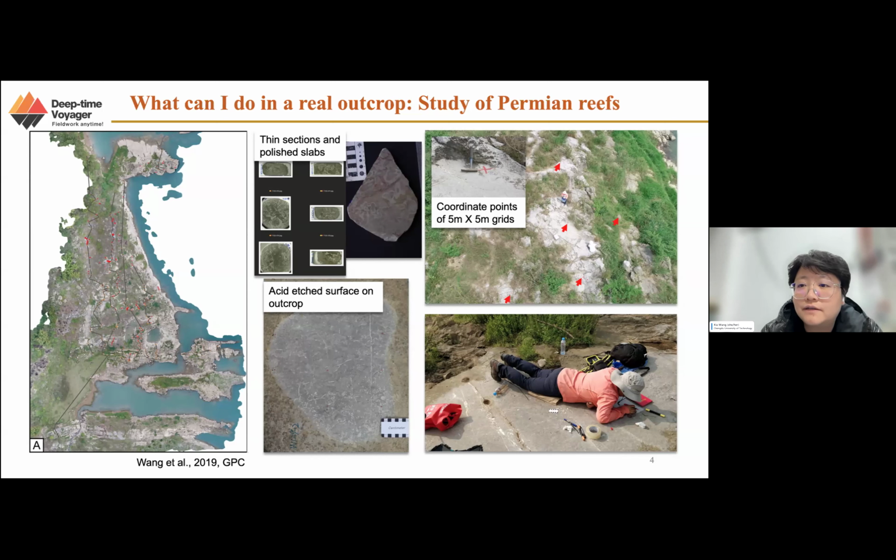So in the end, I found a useful tool, which is a drone. I used a drone to create a map. Basically, it's like a photo mosaic, but not exactly. And I used this map to locate all my acid etched surfaces on the outcrop and all the samples I had taken.